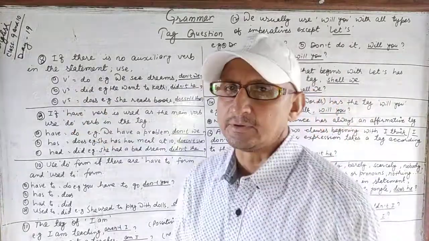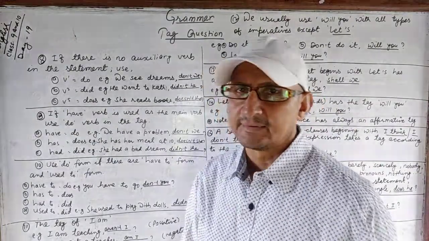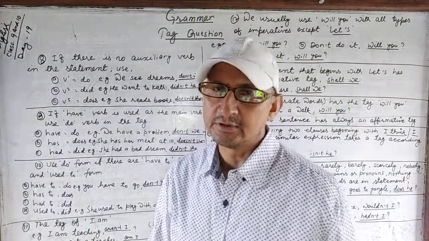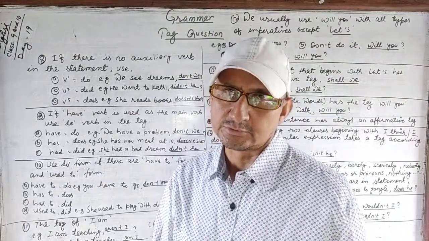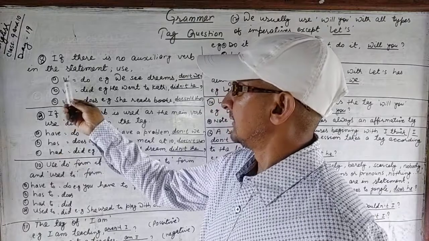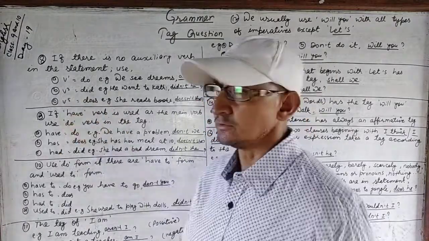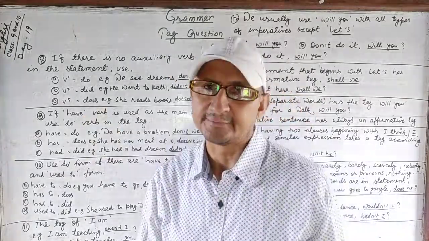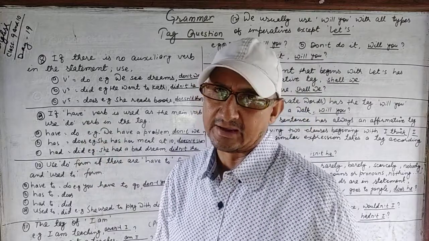If there is no auxiliary verb but there is a main verb only, in such a situation you have to use the do verb: do, does, did. If there is B1, you have to use do in the tag question. If there is B2 in the statement, you have to use did, or if there is B5 in the statement, you have to use does in the tag.